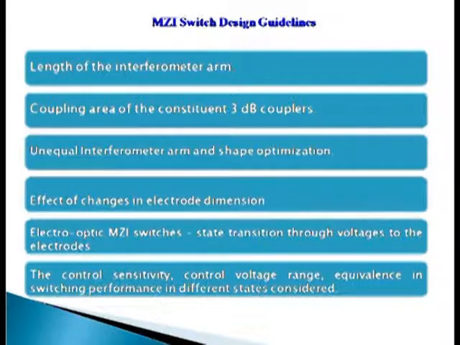So when you go for the design of an MZI switch, these are the important things we need to take care of. First is the length of the interferometric arms. What should be the appropriate length we should choose if we are designing an MZI? What should be the coupling area of the constituent 3 dB coupler? Similarly, unequal interferometric arms and shape optimization. Can we have equal interferometric arms all the time, or can we have unequal interferometric arms?